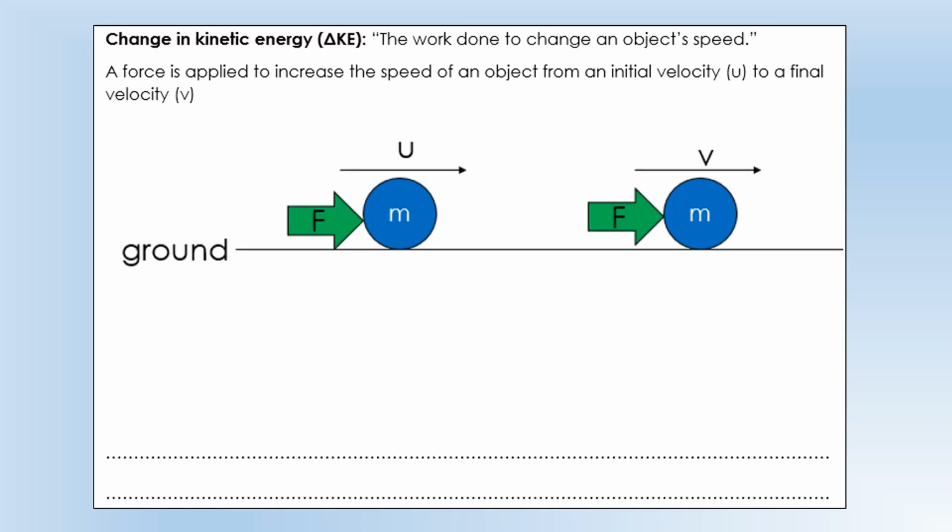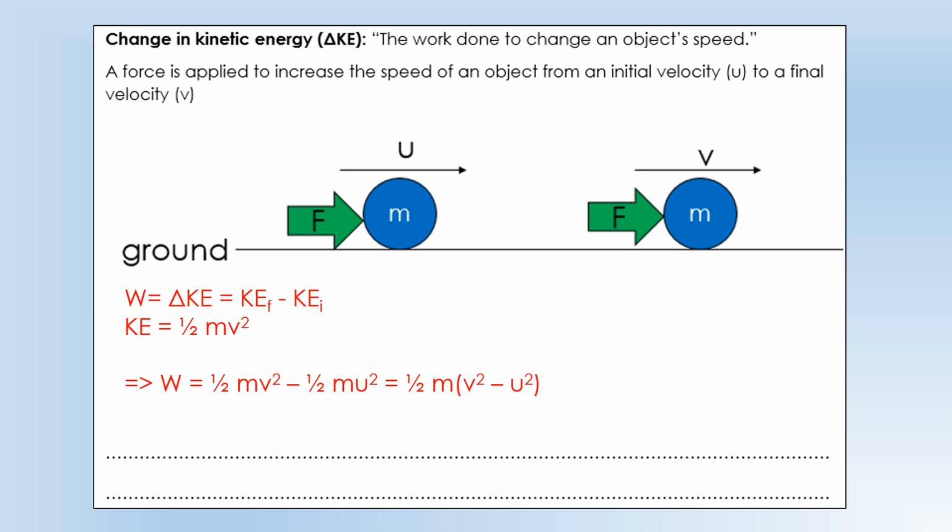The other form of energy that we're going to use is kinetic energy, which again we're going to be talking about changes in kinetic energy, and it's the work done to change an object's speed. So if we apply a force to increase the speed of an object from an initial velocity u to a final velocity v, we can say work done is equal to the change in kinetic energy, or final kinetic energy minus the initial kinetic energy.